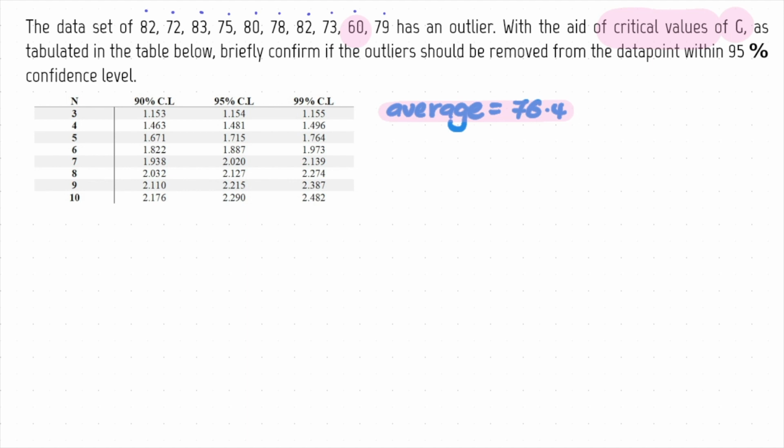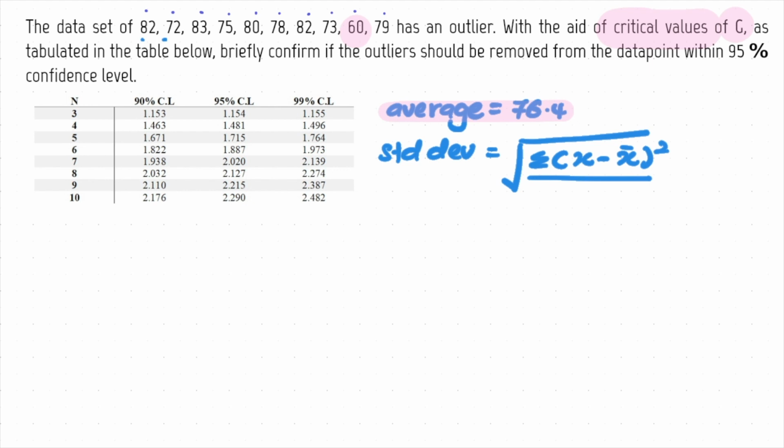The standard deviation is equivalent to the square root of the summation of each value minus your average, to the power of 2, divided by n minus 1. Your n is 10, as we calculated just now, the total number of values given to you.